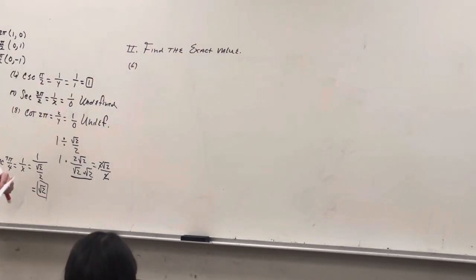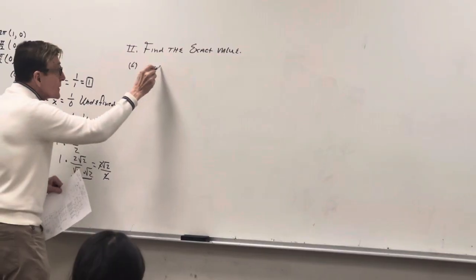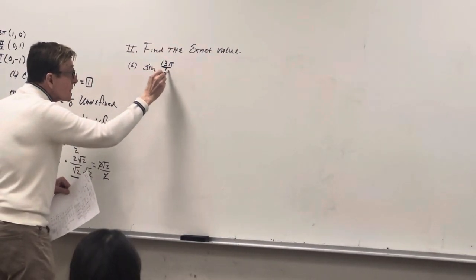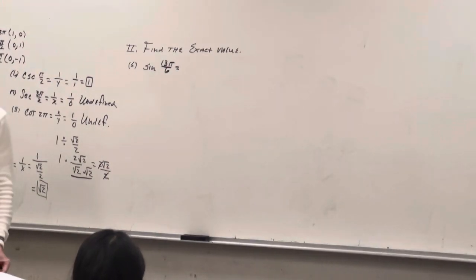You guys, I'm trying to make all this connect for us, like I usually do with my presentations here. This one looks like this. Sine of 13 pi over 6.